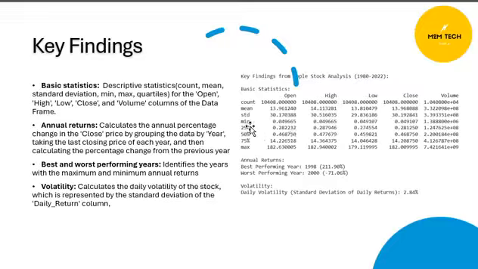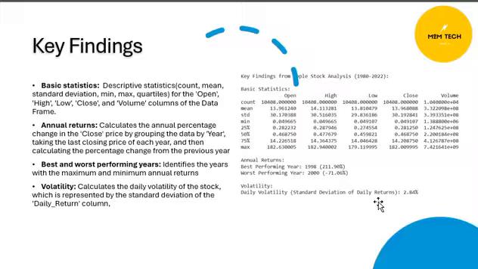The describe shows count, mean, standard deviation, minimum, 25%, 50%, 75%, and max. For annual returns, the best performing year is 1998 and the worst performing year is 2000. You can see this is negative performance.